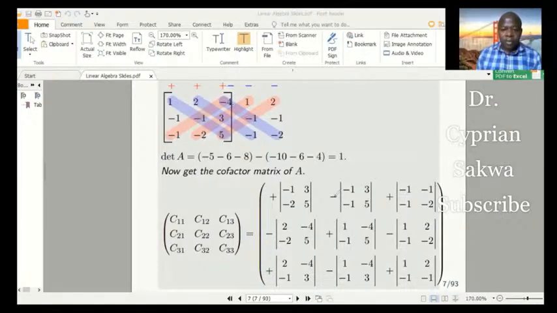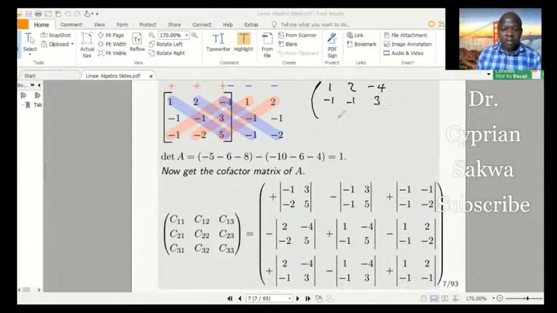So you may be asking, what about this sign? This sign we already discussed when we were looking at the determinants of matrices.